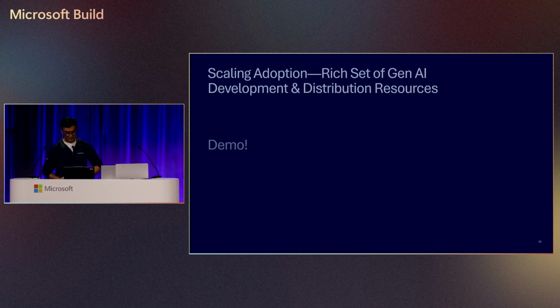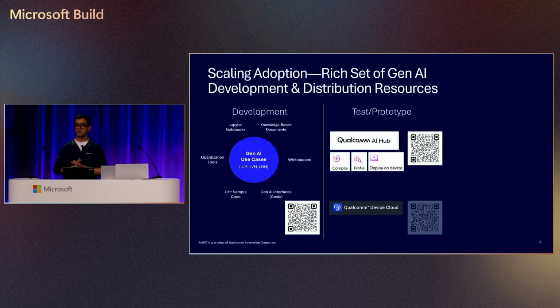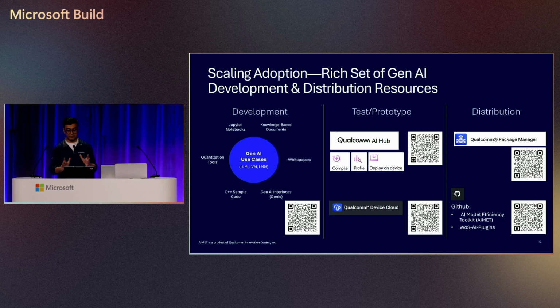All right. I know this information could be overwhelming for all of you. So to help our developer community, we have created a bunch of resources. If you're developing a Gen AI based use case, we provide you with Jupyter notebooks, C++ sample code, and some white papers. It makes your life easy in converting the models because you have to go through a quantization phase and deployment phase.